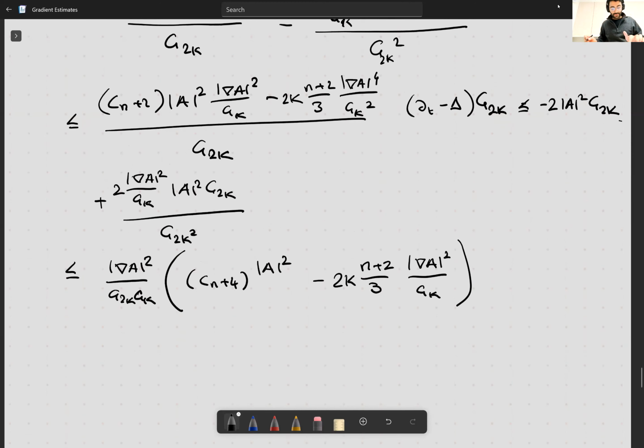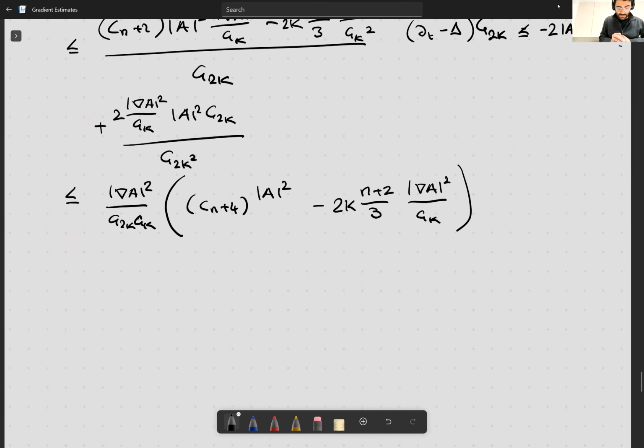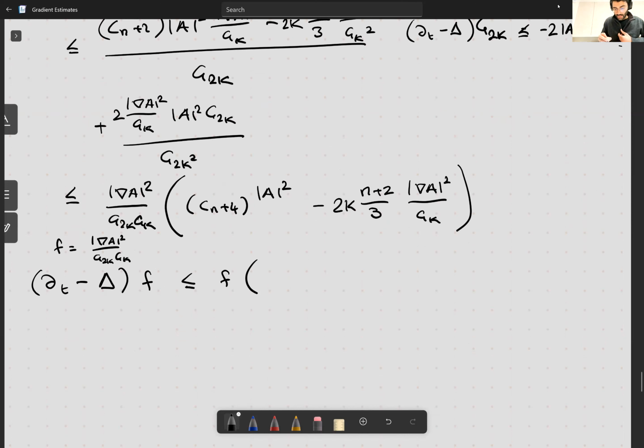Okay, so what we have is something that looks like this. So we have partial t minus Laplacian of f, where I'll write f for this thing, nabla A squared on G2K GK. That's less than or equal to f, and then we have all this stuff on the inside.